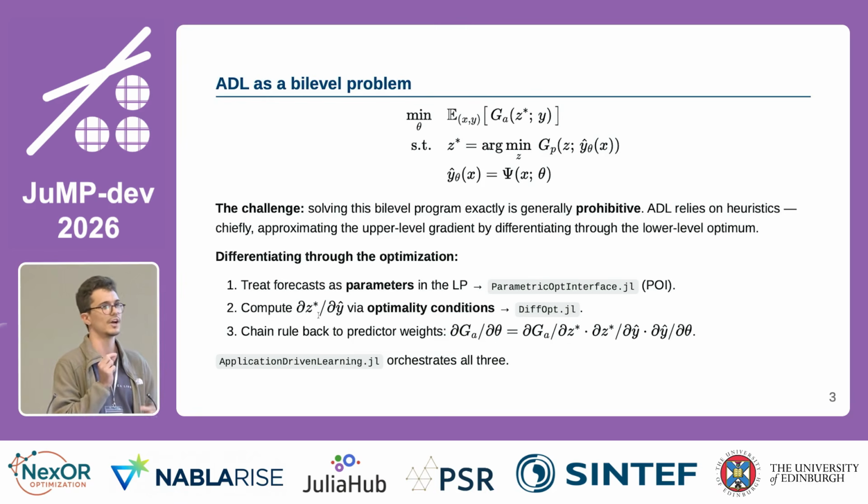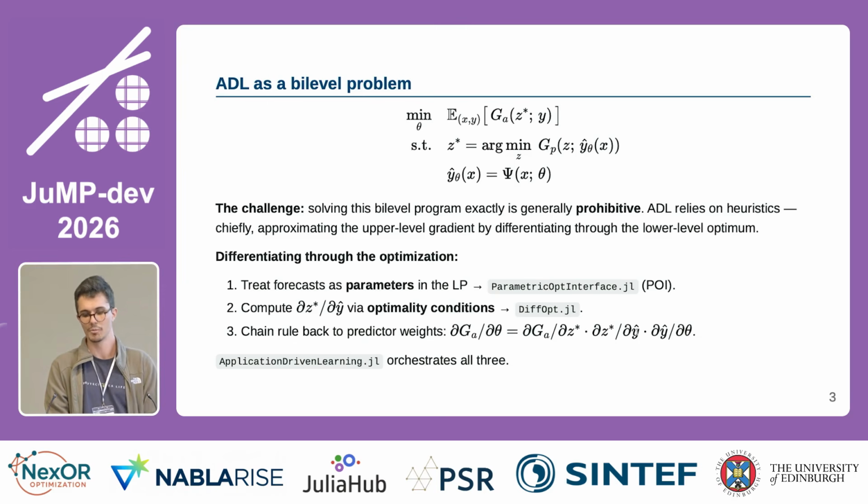So this is the gradient of a decision from your decision model with respect to parameters that can be both in the objective and the right or left hand side of the constraints of the model. So DiffOpt is a big part of doing that.